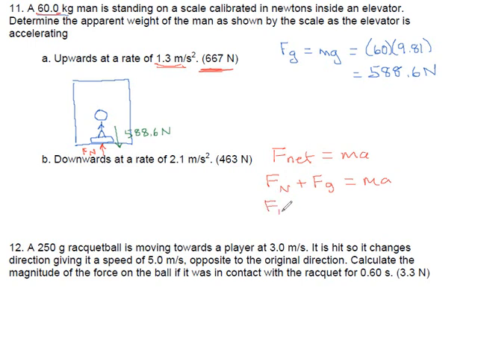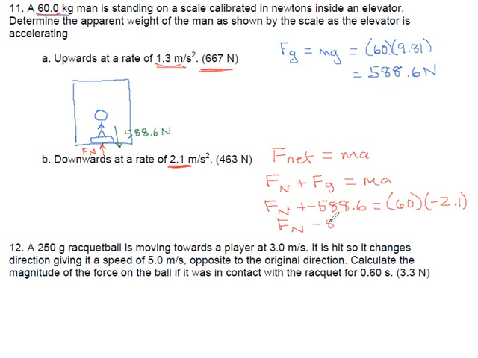We don't know the normal force for this descending elevator. Gravity is still minus 588.6 because Earth doesn't care how you're moving. It pulls the same amount all the time. His mass is 60. And now they say we're accelerating down 2.1, so negative 2.1 for the acceleration.